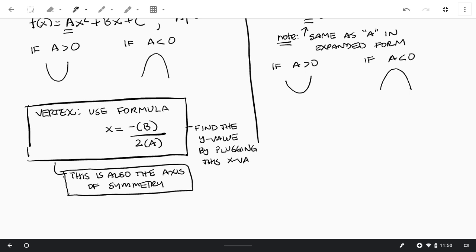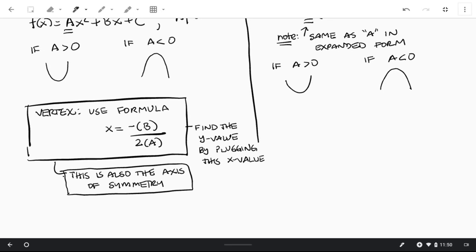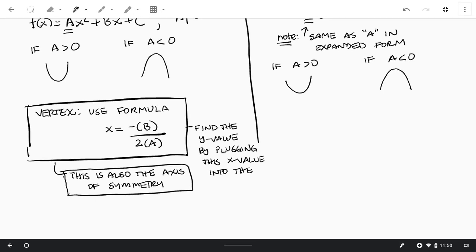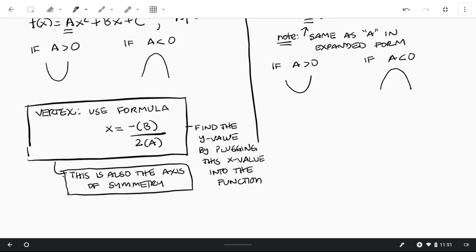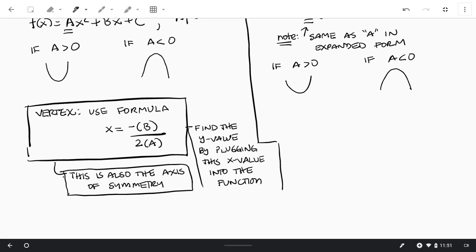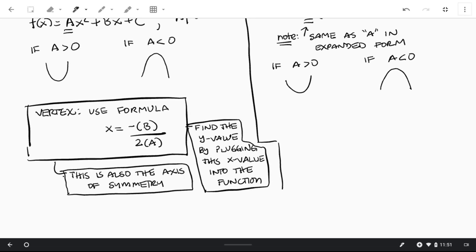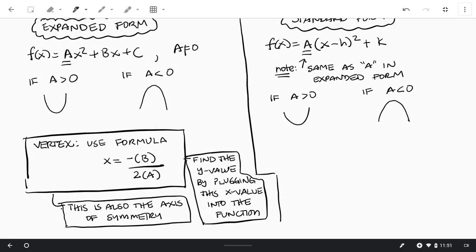So you find the y value by plugging in this x value into the function. Okay, so that's how you find the vertex if you are in expanded form.